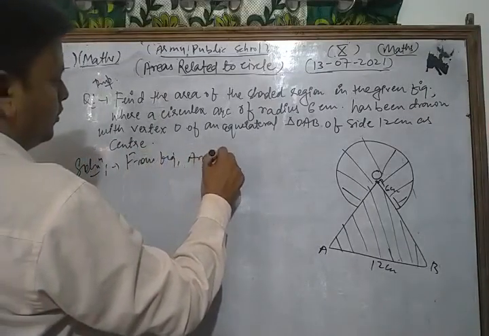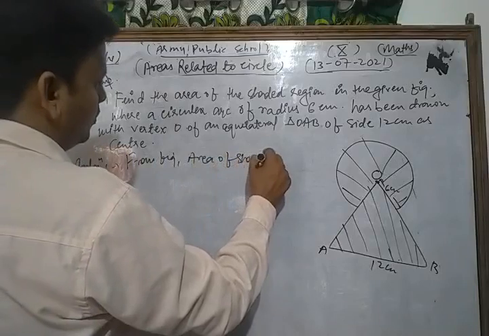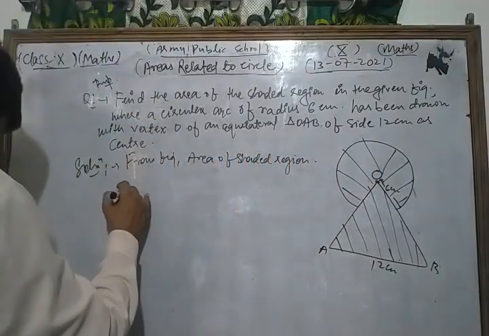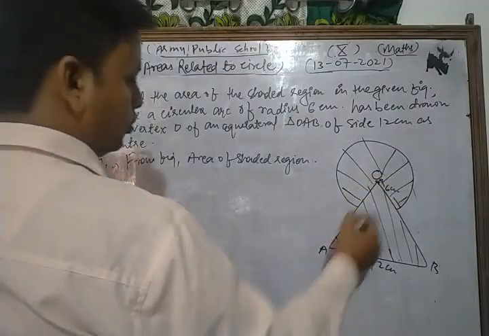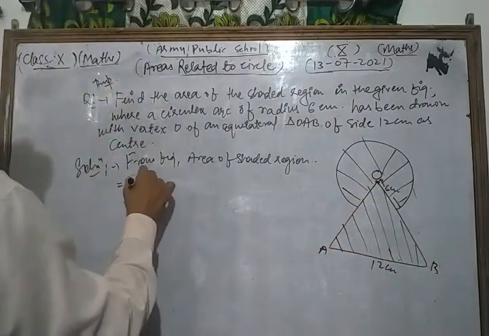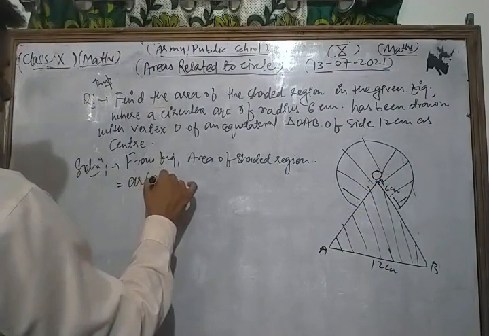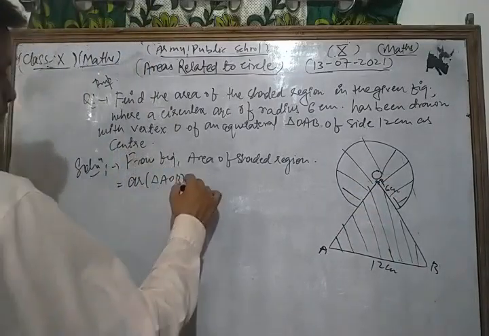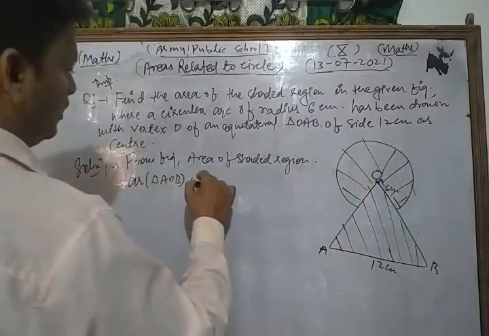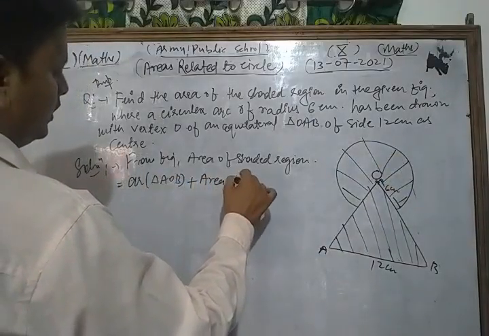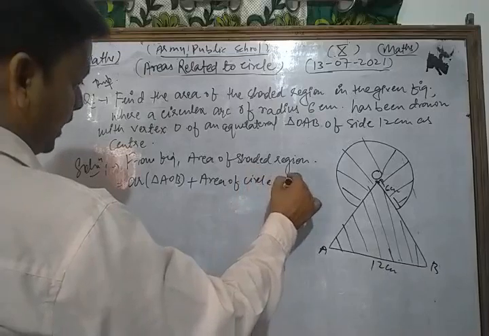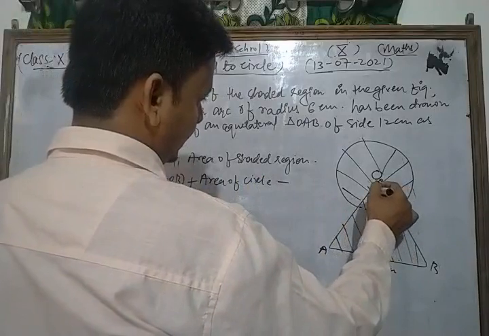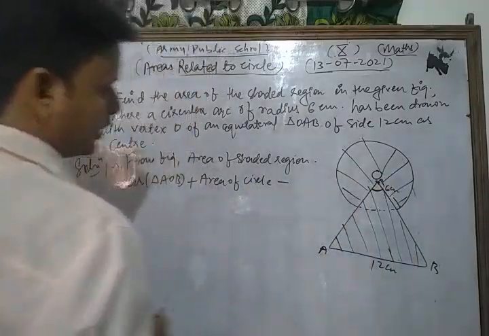Area of shaded region is equal to area of triangle AOB plus area of circle minus area of, if we join them, this is the form of a sector, and you know that each angle of an equilateral triangle is 60 degrees.